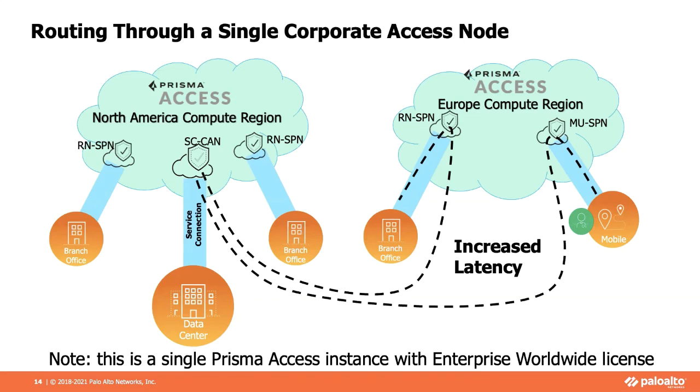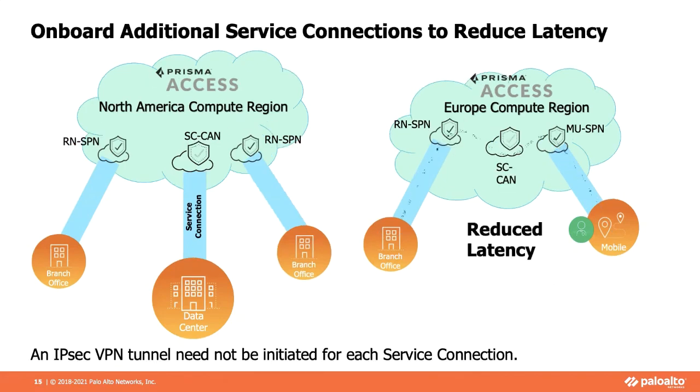Wouldn't it be easier if I could just go from my MUSPN to that user in the branch office? Well, yes, it would be. So what we can do is deploy a corporate access node within that region, within Europe in this case, just to act as a router.